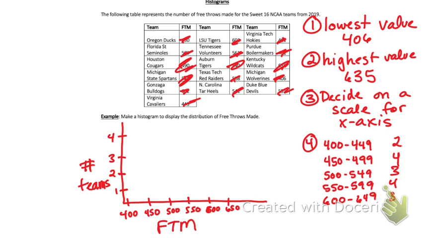How tall does the 400 to 450 bar need to be? 2. Now, these bars touch. Different than a bar graph. Bar graphs, the bars don't touch. These bars do touch. 450 to 500, I need it to go as tall as 4.